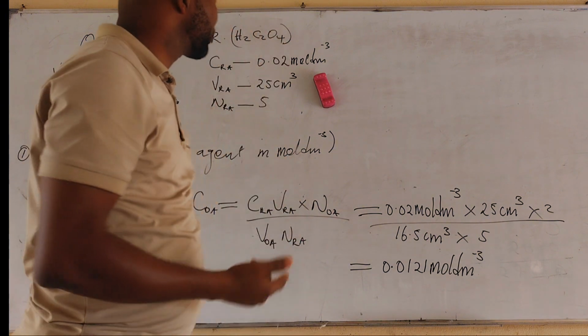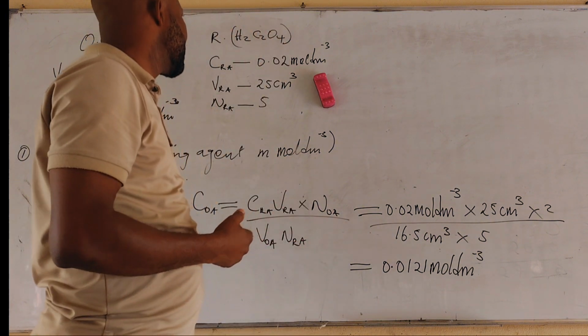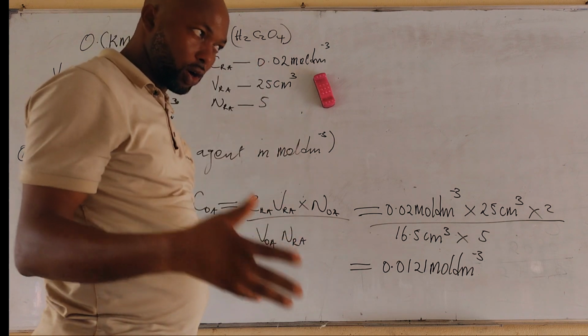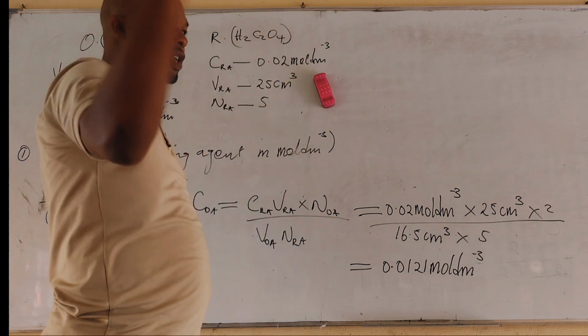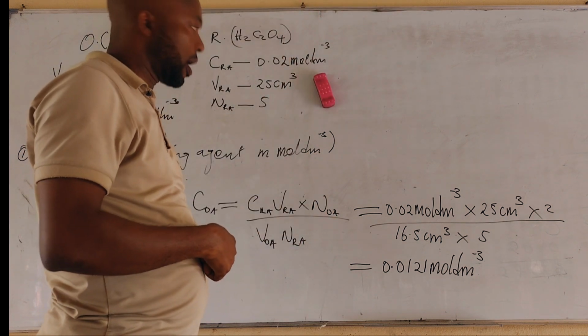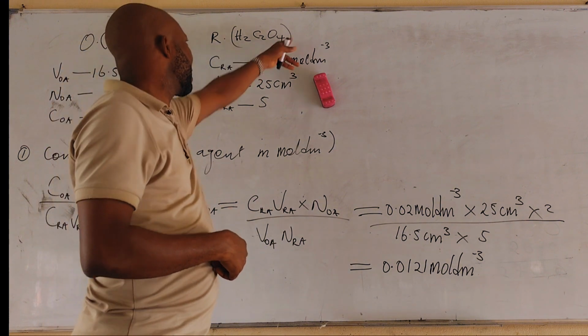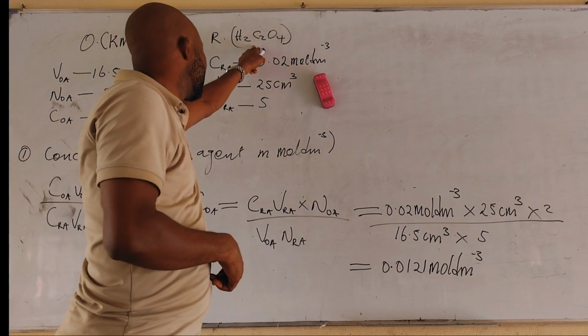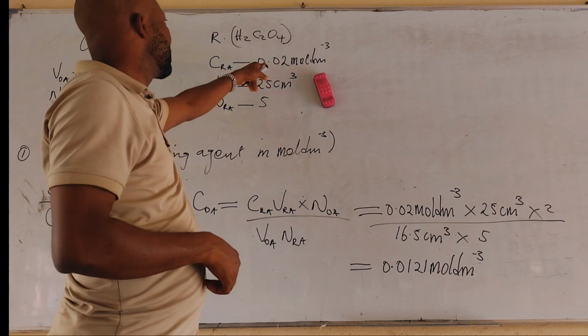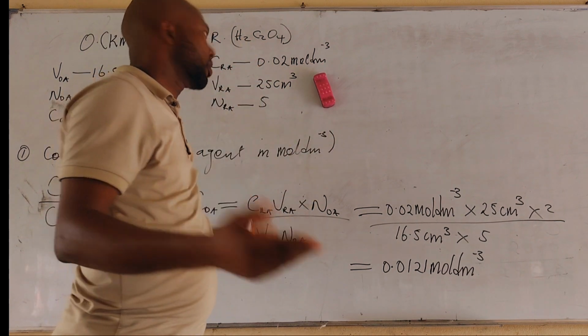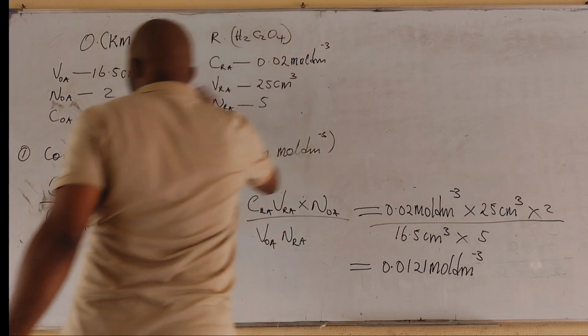Now, what is the formula for mass concentration? Mass concentration is molar concentration times relative molecular mass. So this is my relative molecular mass. I can get it from here. I think that is 90. And the molar concentration is here. So I can easily do that. So now let's do that and see.